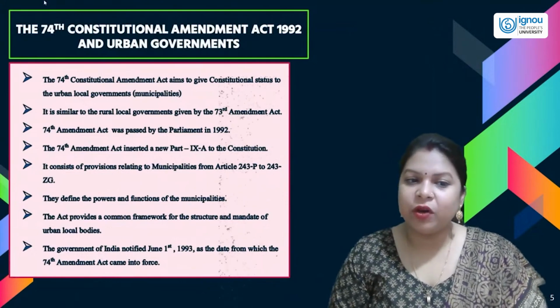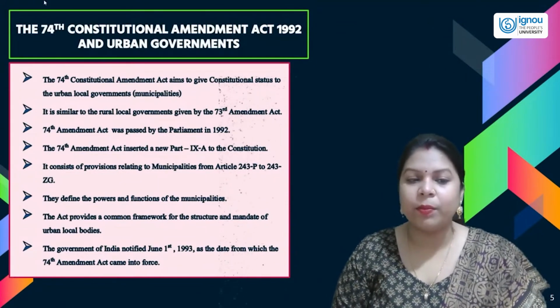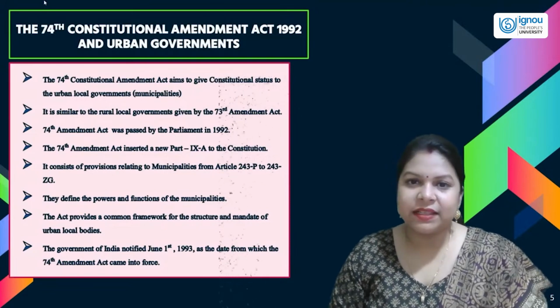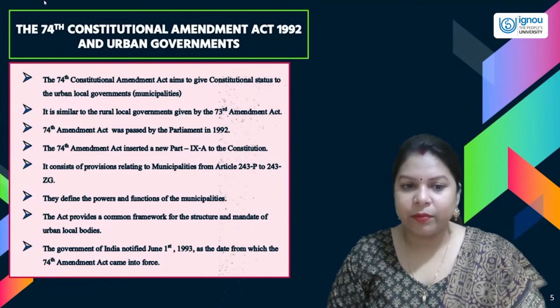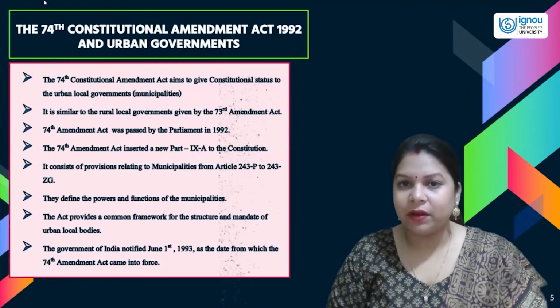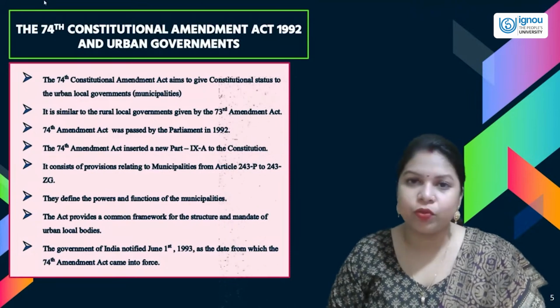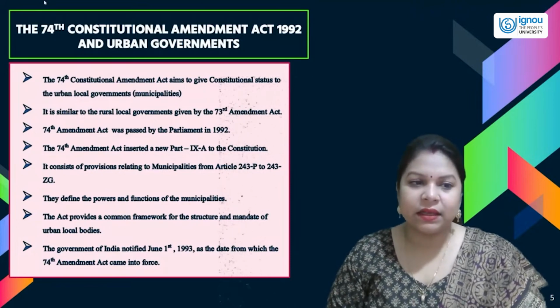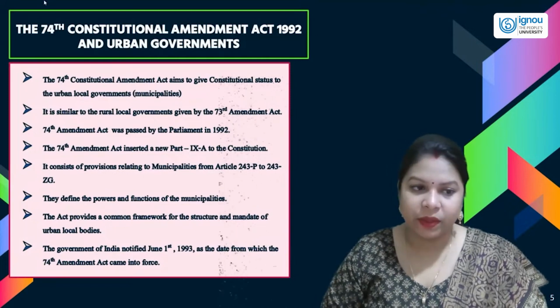The 74th Amendment Act aims to give constitutional status to the urban local governments, that is the municipalities. It is similar to the rural local governments given by the 73rd Amendment Act. As we have learned, the 73rd Amendment Act was about rural local governments. This 74th Amendment is about the urban local governments.